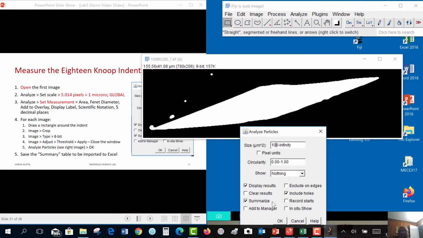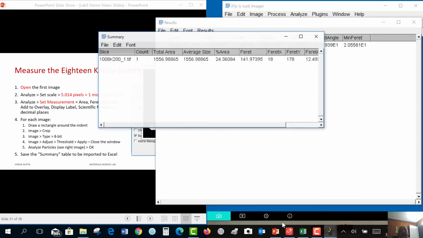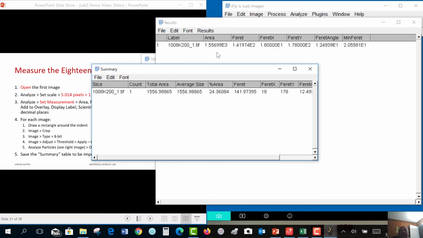I want summary. I want to include holes. Some of the indents might have a hole here, so I want that filled in and counted in the area measurement. Once I say OK, it makes the measurement. There's only one particle it found. And here is our summary.